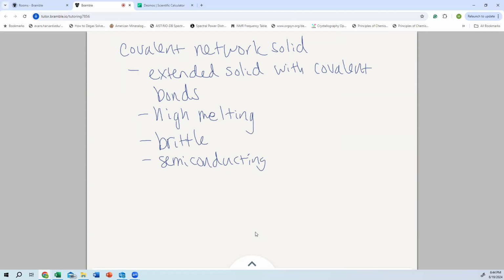Some examples of this. Most of them were pretty easy examples. This one, probably a little bit harder. Silicon solid would be an example, like the things that silicon wafers are made out of for semiconductors or for solar cells. Silicon dioxide, which is glass or sand.